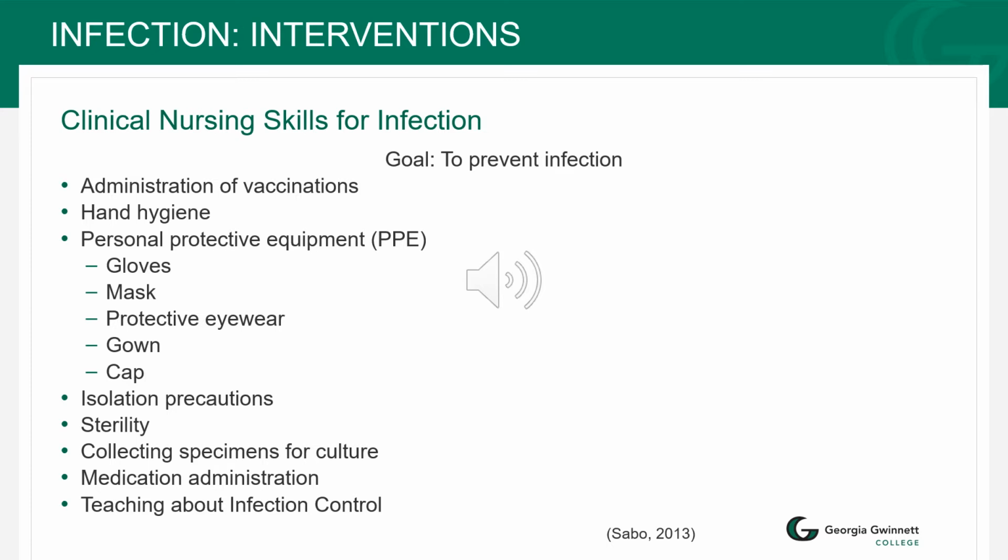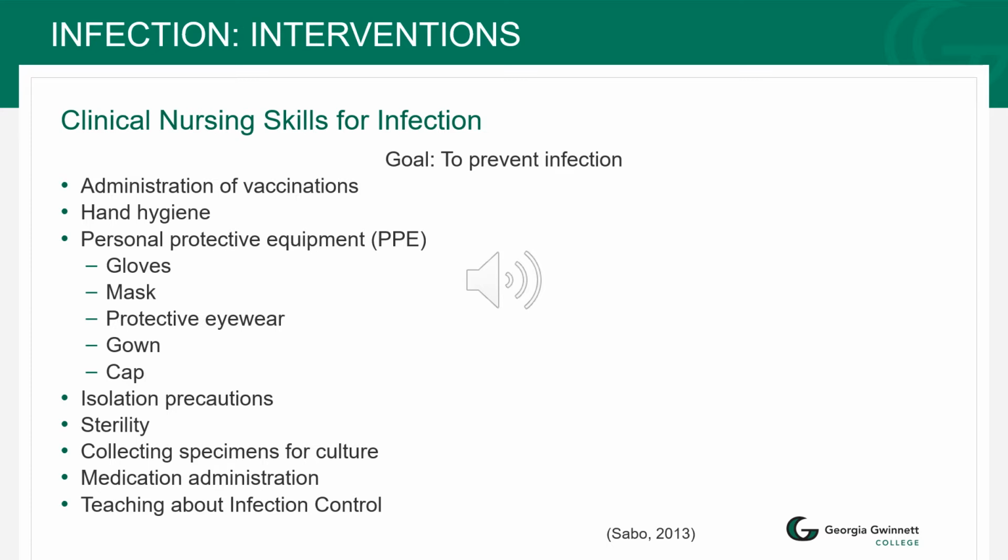But personal protective equipment, PPE, involves all of these things listed here: your gloves, your masks, protective eyewear, any kind of gown that would keep things from penetrating. You probably don't have your gloves or your masks on now, but when we're meeting face to face, we will have protective eyewear and we'll have masks on.